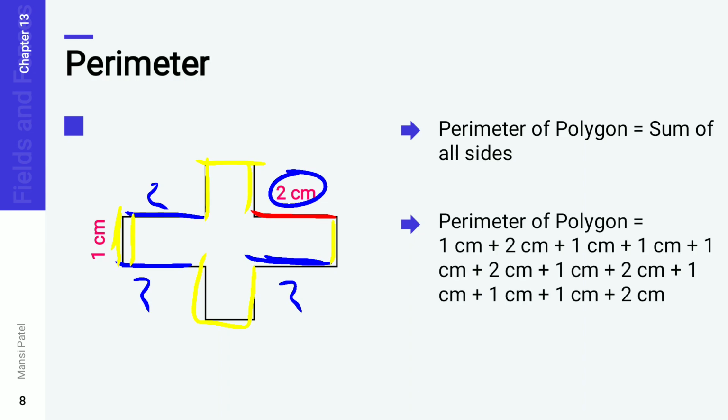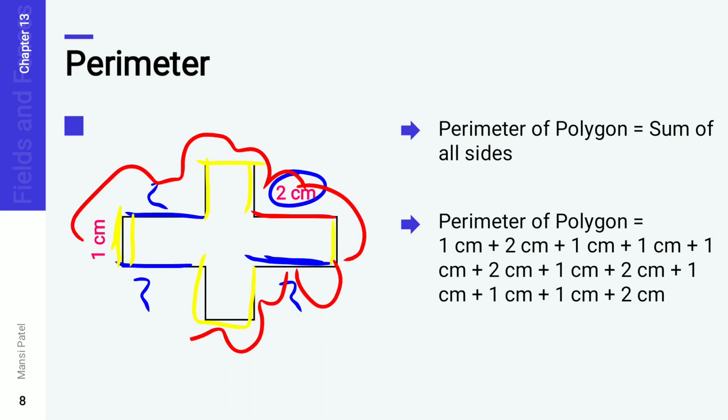Perimeter of polygon: 1 centimeter, 2 centimeter, then 1 centimeter, 1 centimeter, 1 centimeter, 2 centimeter, then again 1 centimeter, 2 centimeter, then 1 plus 1 plus 1 plus 1, and in the last 2 centimeter. So you can see here we have covered all the sides of this shape.